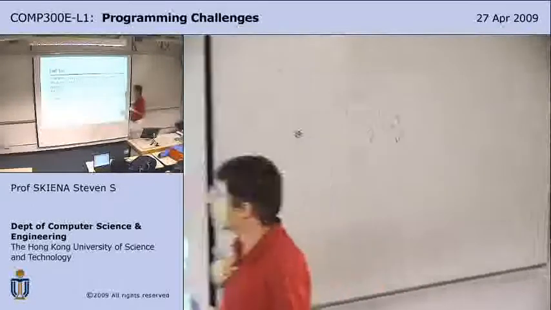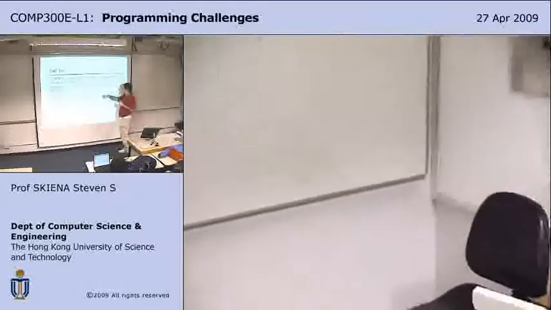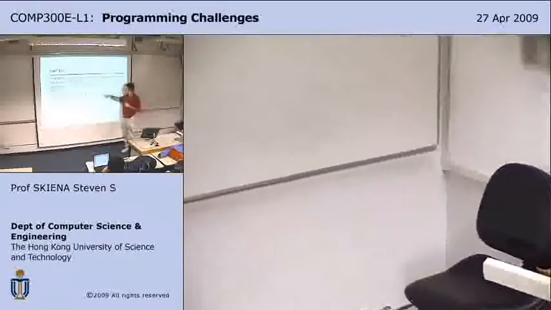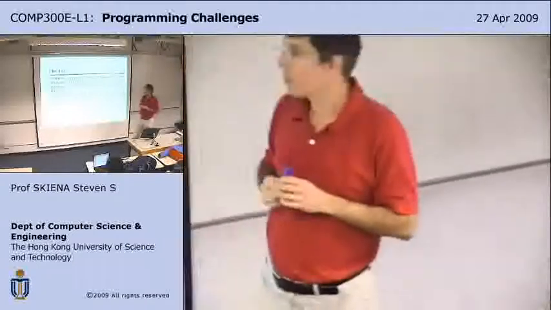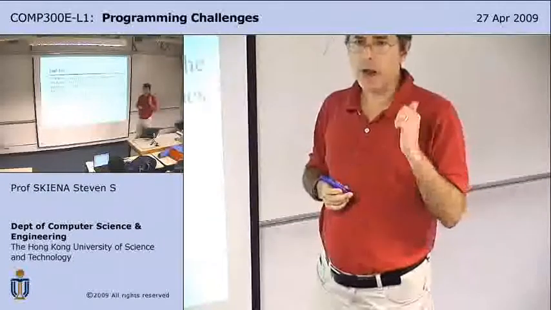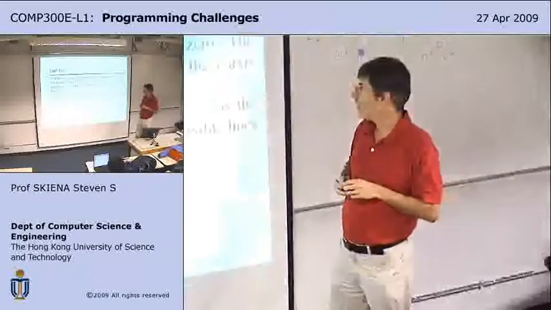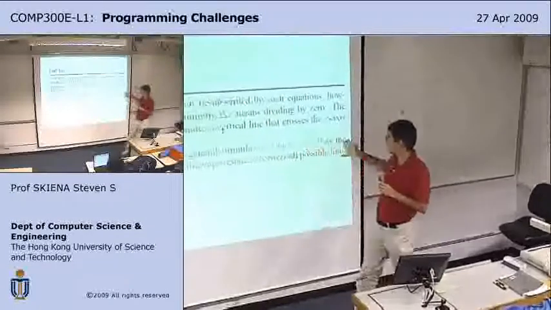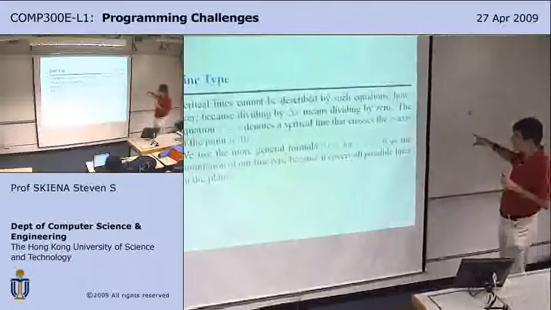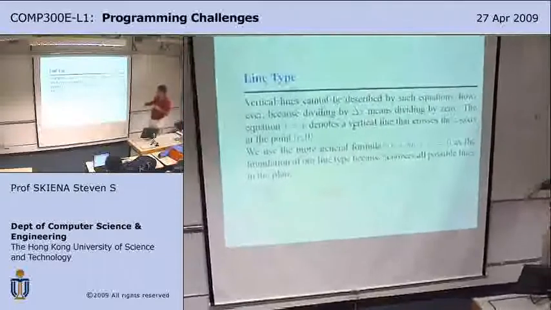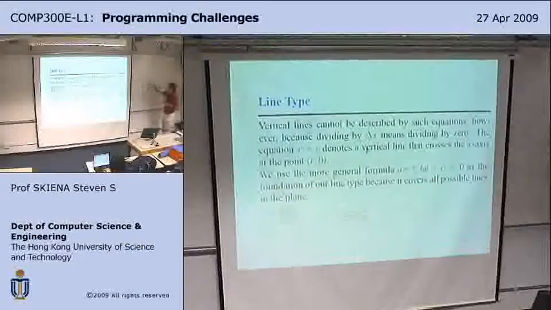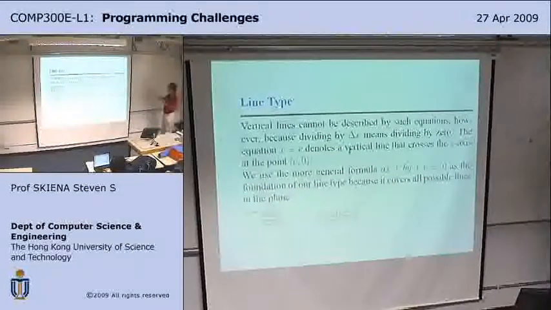So the way that I would represent lines in general is the more general formula, ax plus by plus c equals 0. This has the property that if we set b equal to 1, then it looks like our normal lines. But if we set b equal to 0, we can capture these vertical lines, because vertical lines are of the form x equals something.